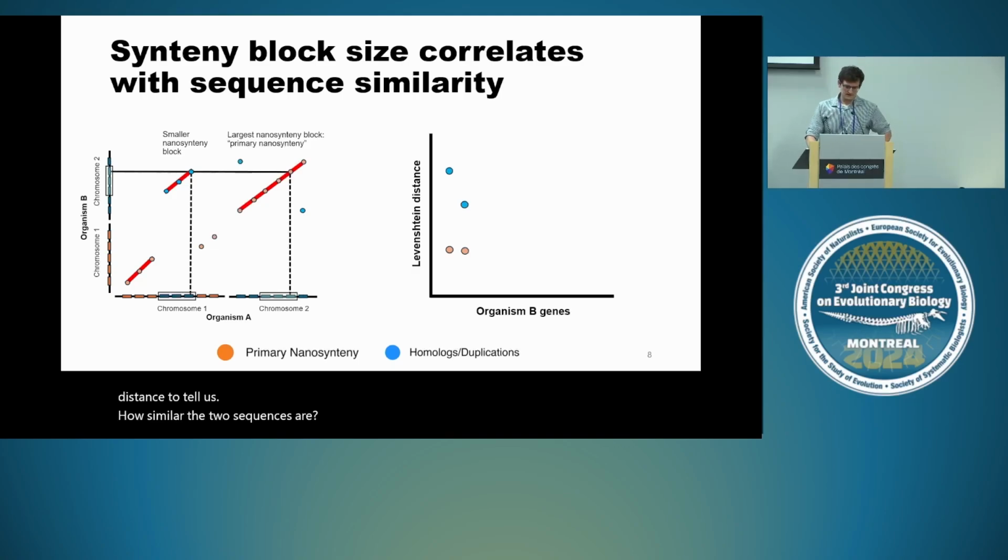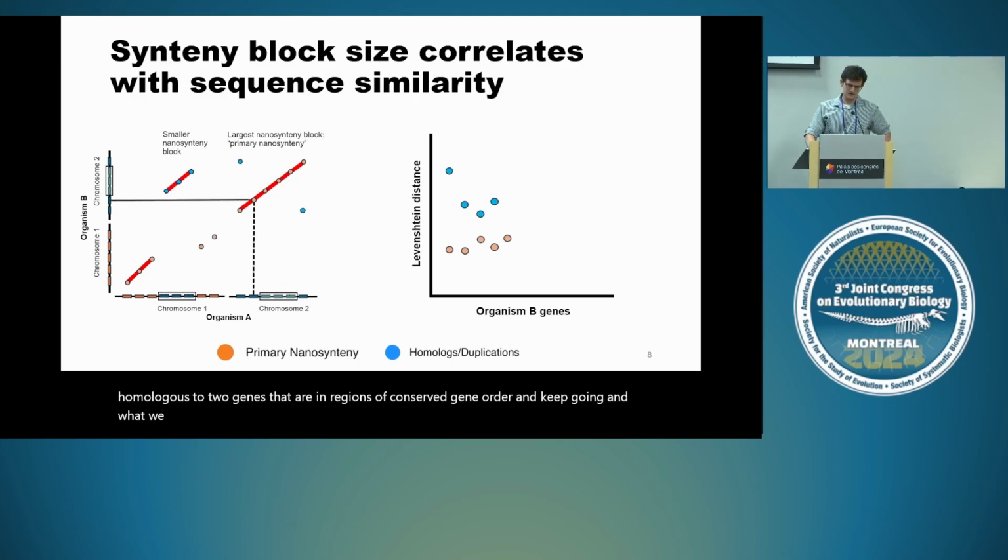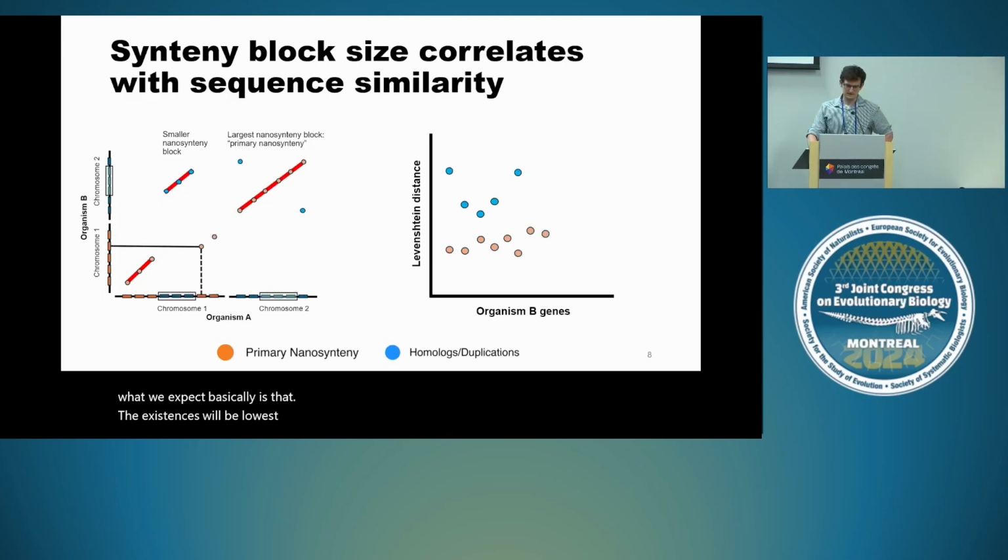And then we can label, when we get to the largest synteny block, if this gene is homologous to 2 genes that are in regions of conserved gene order. And keep going, and what we expect basically is that the distances will be lowest for genes that are in larger synteny blocks, meaning that they are in their original context.